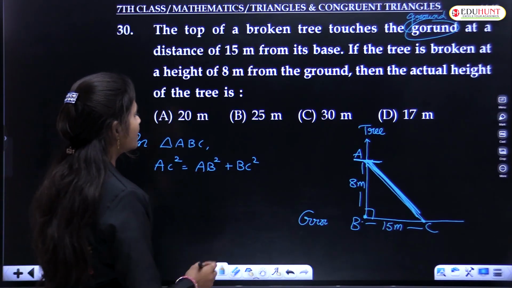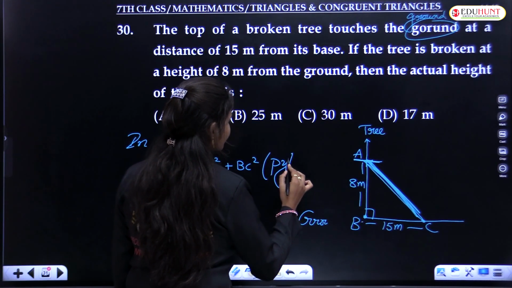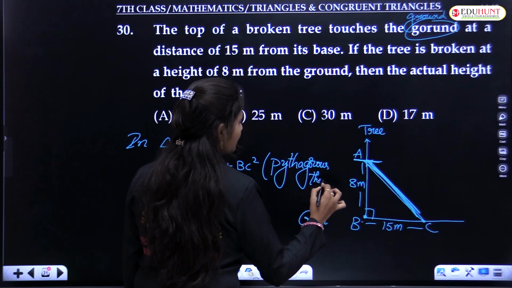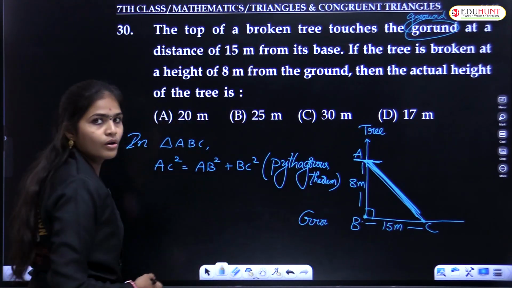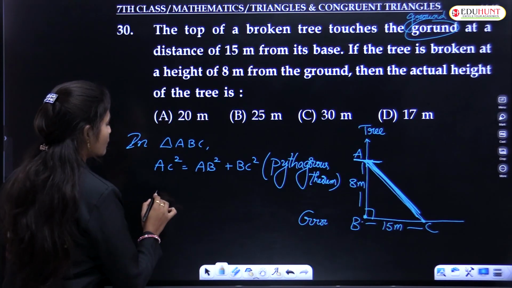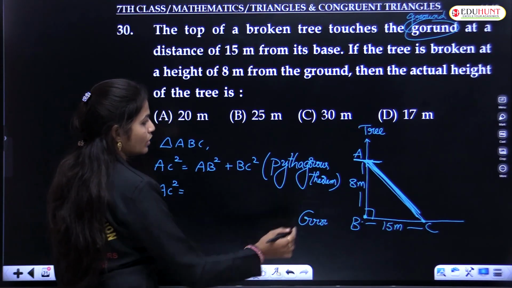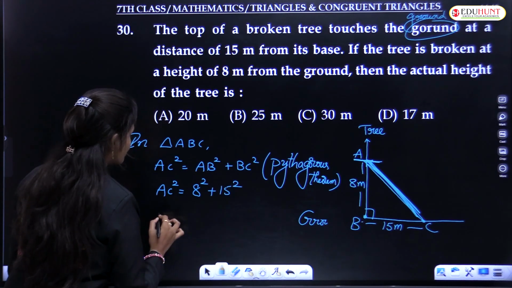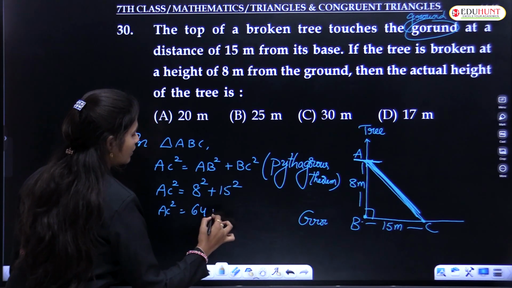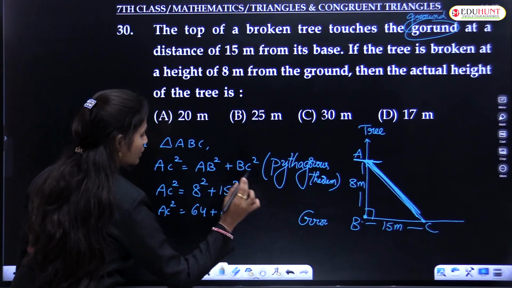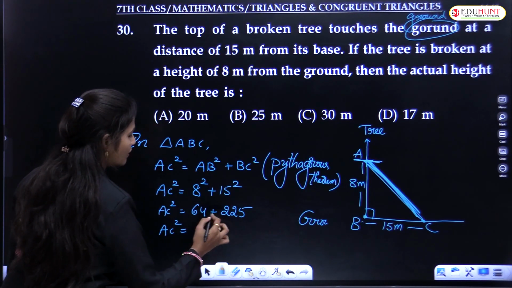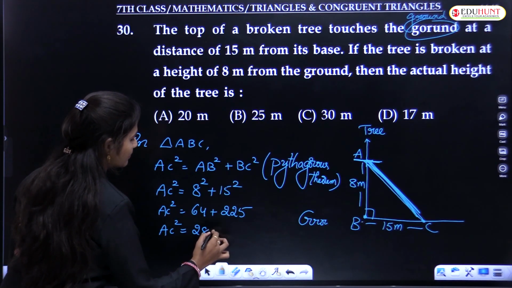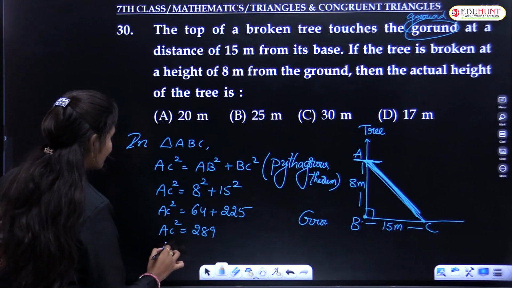So by using the Pythagoras theorem, AC square is equal to AB square, which means 8 square, plus BC square, which means 15 square. So AC square is equal to 64 plus 225. 225 plus 64: 5 plus 4 is 9, 2 plus 6 is 8, so 289.